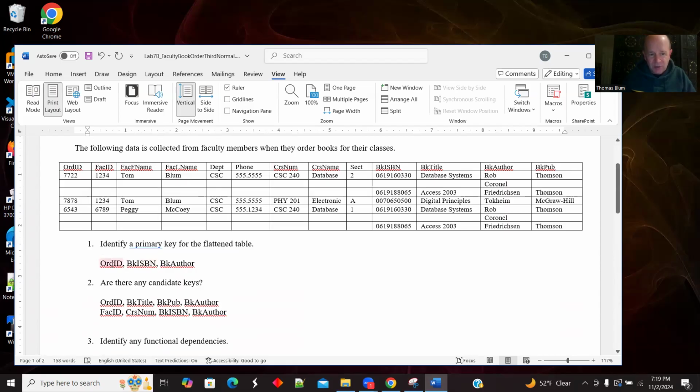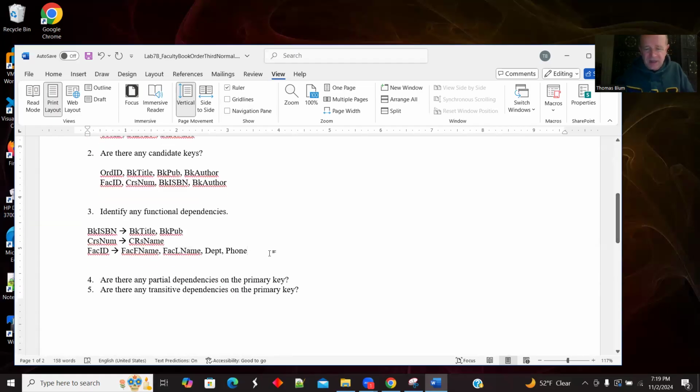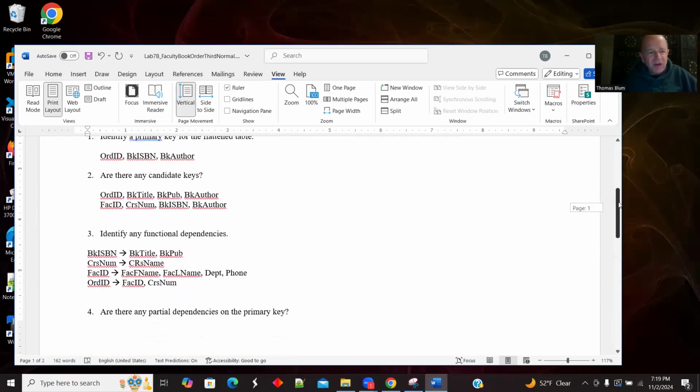So that's why we could replace order ID here with faculty ID, course num. So let's put that down, order ID. And then it tells us everything that it tells, but this is going to give us some transitives. And what are we missing? Probably the order ID tells us the section, I would say.